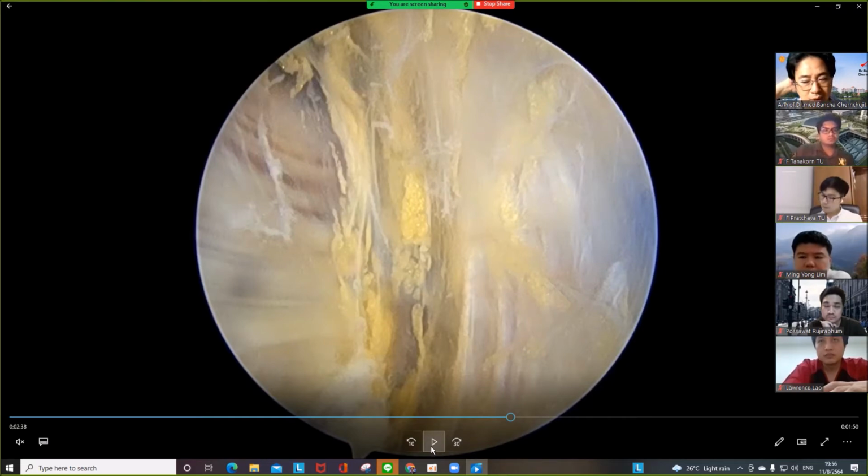Any questions? Yes, I have a question. Is there a difference between resecting the valve only compared to resecting the valve with the cyst wall? Okay, so there's some study about that. Someone just proposed to just remove the cyst valve. Okay, I used to do that also, but now I changed.